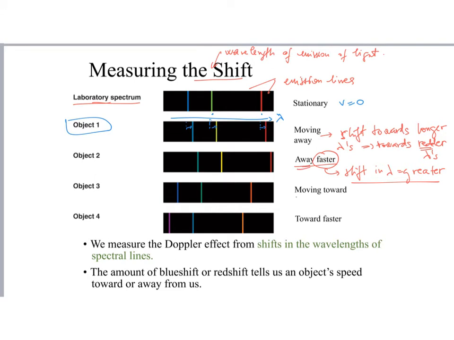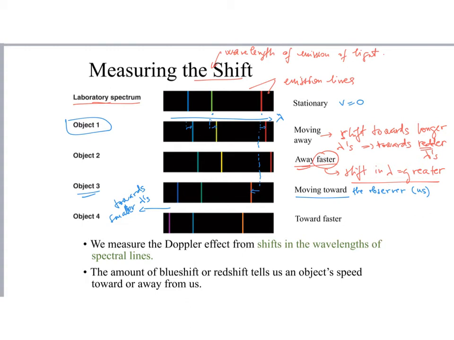How about the object number 3 that is moving towards us, towards the observer, that is us? What's happening? So this is the laboratory reference. You see, there was a shift that happened towards smaller wavelengths.